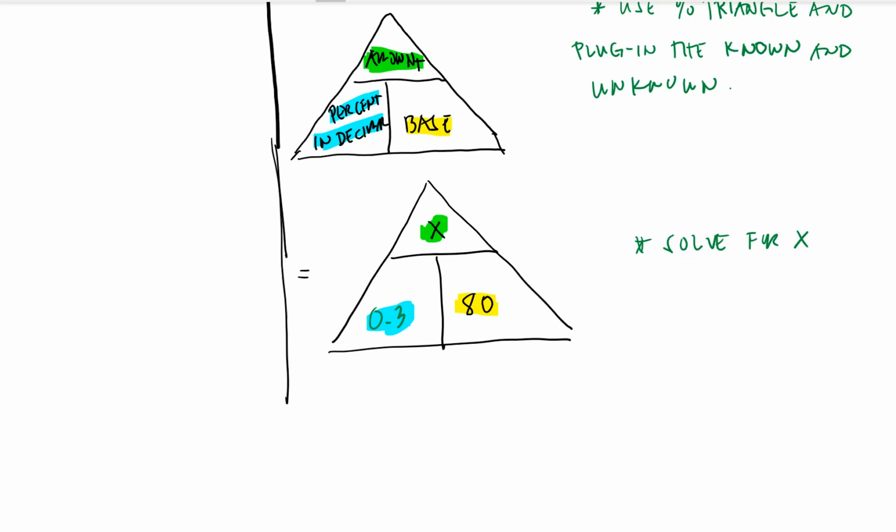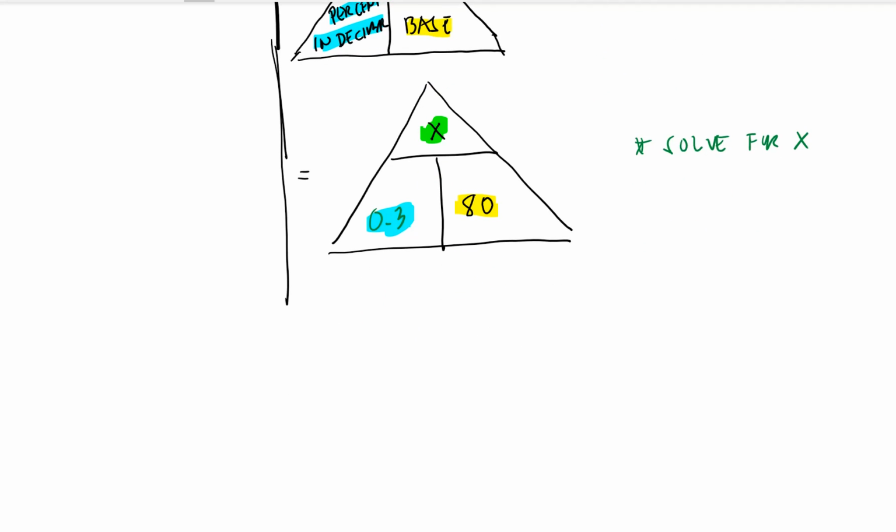So what would you do? Well, to use the percent triangle, you just cover the upper part, since X, the unknown, the one that I want to solve, is the upper part of this triangle. So I'm gonna cover that one out.